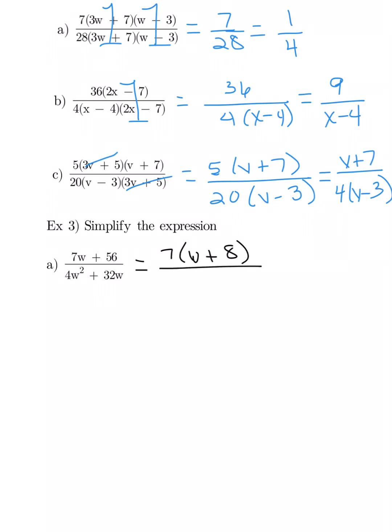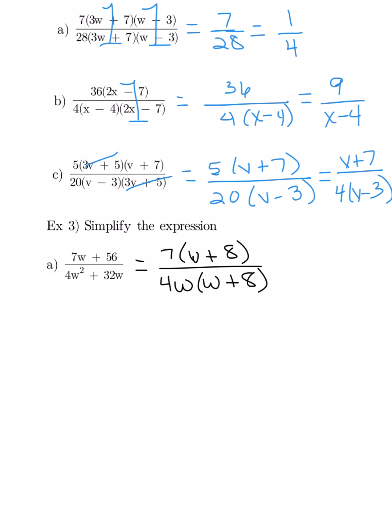8. Over. Now, looking at the two terms in the bottom, they have a 4 and a w in common, so we're going to factor that out. If I take 4w squared divided by 4w, I'm left with w. If I take 32w divided by 4, I'm left with plus 8.